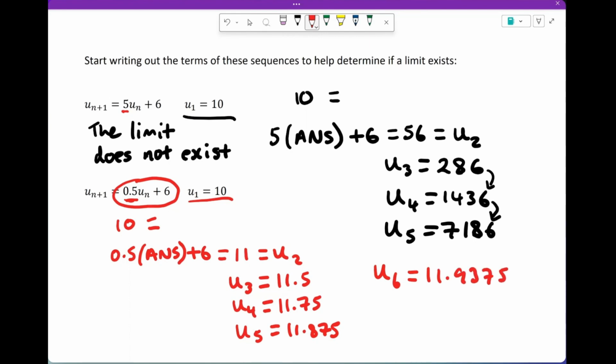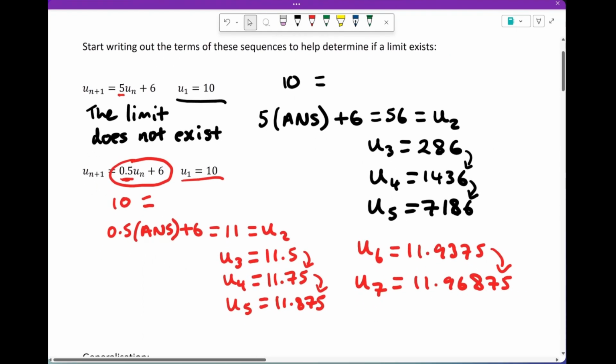And if we hit equals again, we're going to get that u7 is equal to 11.96875. So it appears we do seem to be approaching a specific value, because if we look at the difference between any two terms, this difference seems to be getting smaller and smaller every single time. And it seems the value that we are approaching is 12. Okay, so we can say that for this one, the limit is equal to 12.